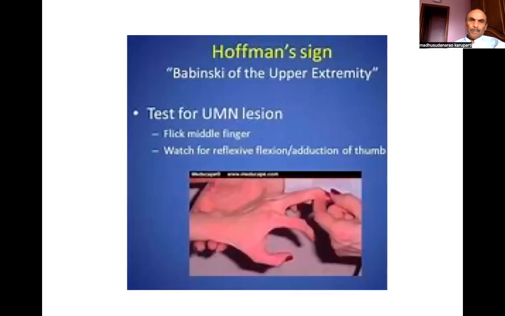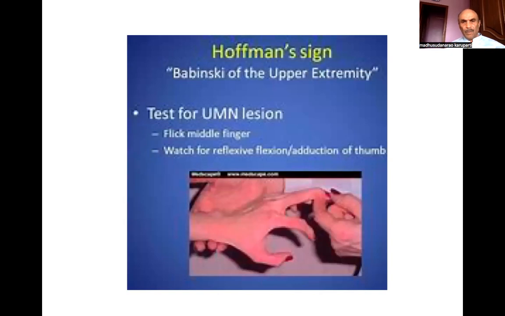This is the Hoffmann sign, the Babinski of the upper extremity. This is the equivalent of the Babinski sign that is performed in the upper limbs.